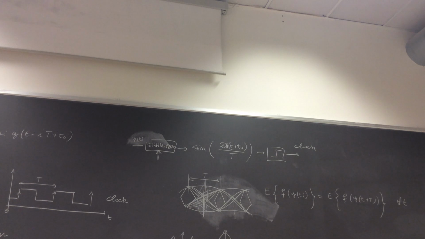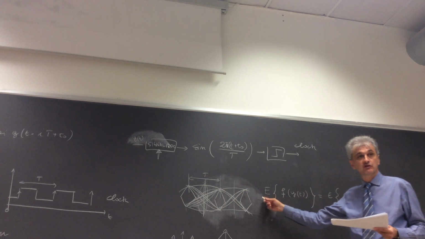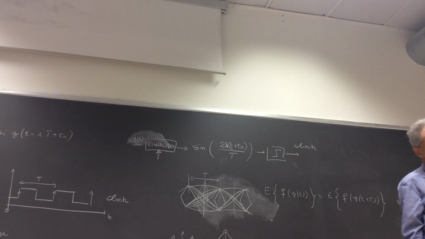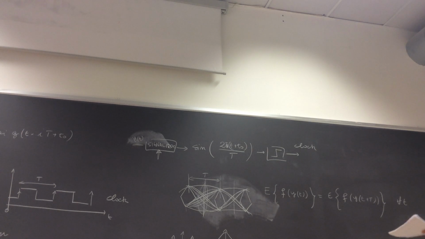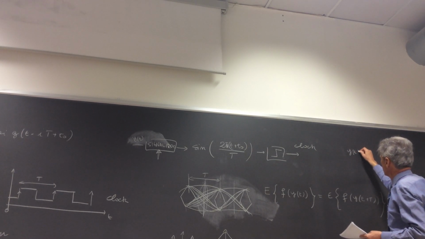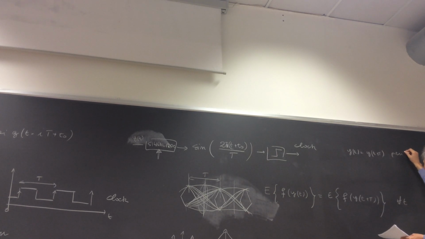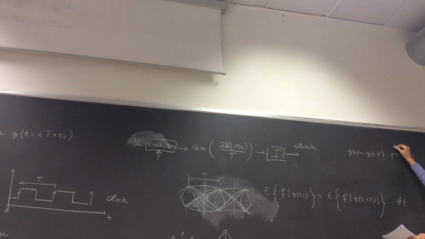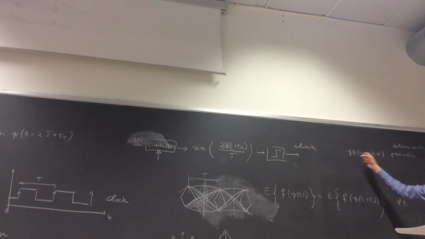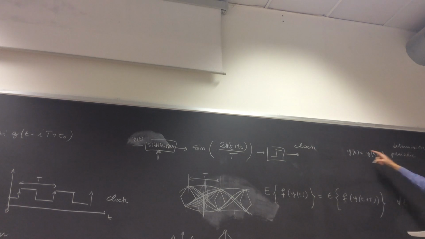It is a sort of definition of a periodic signal, but now you use the expectation operator. For a periodic signal, this is periodic and deterministic, okay, for any t. For any t, you have this, and this is the definition of periodicity, with period capital T.